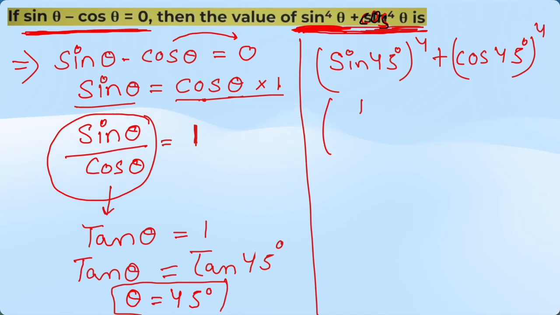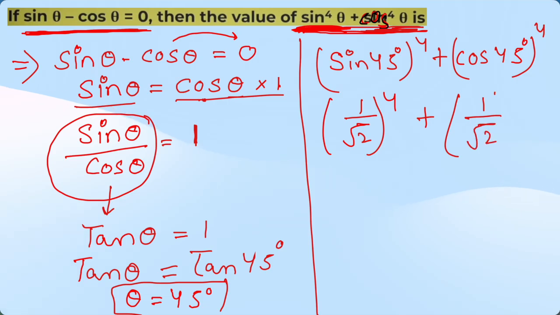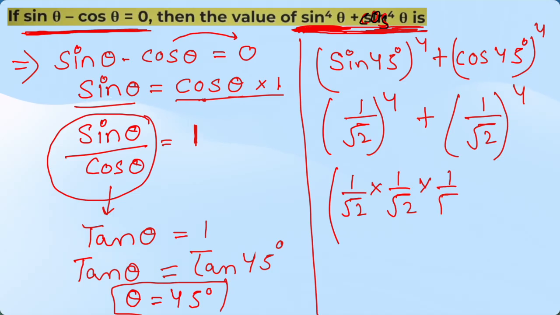So what is sine 45? It is 1 by root 2 to the power 4 plus 1 by root 2 to the power 4. Clear? What is 1 by root 2 to the power 4? Means 1 by root 2 into 1 by root 2 into 1 by root 2 into 1 by root 2, right? And same thing for the second one as well.